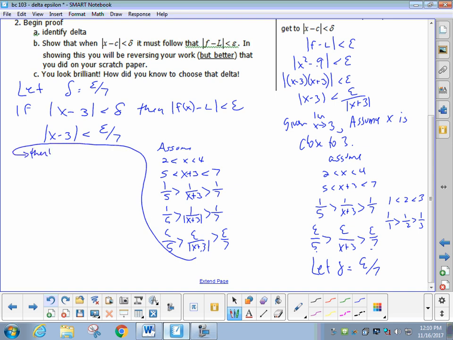Therefore, |x minus 3| is less than epsilon over 7, which is less than epsilon over the absolute value of x plus 3. Okay. Now, |x minus 3| is less than epsilon over 7. That's from my starting step for my proof, right? I showed that epsilon over 7 actually has to be less than this x-ish stuff.